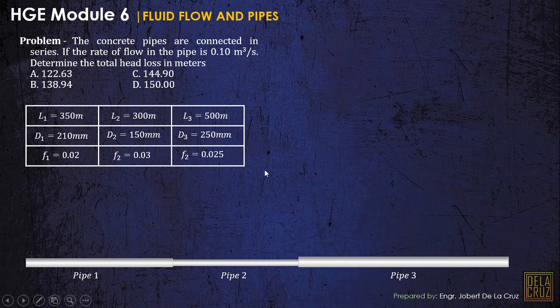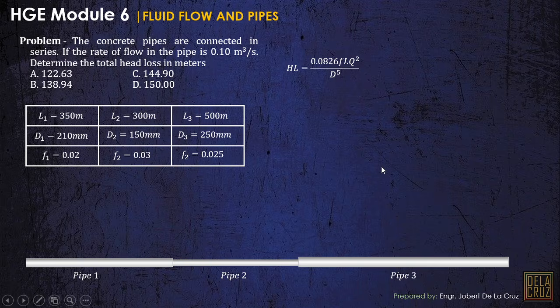I hope you remember those formulas. To calculate the total head loss, we use Darcy-Weisbach, which in the metric system is 0.0826 FLQ squared over D raised to 5. Again, this is for the metric system only. The general formula is FL over D multiplied by V squared over 2g. That is the general formula for the major head loss of Darcy-Weisbach. All right, so we'll be using this.